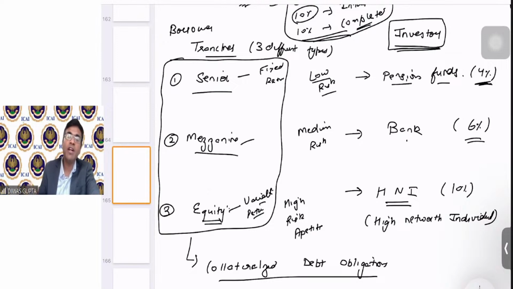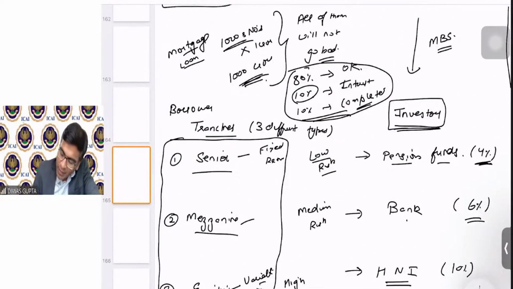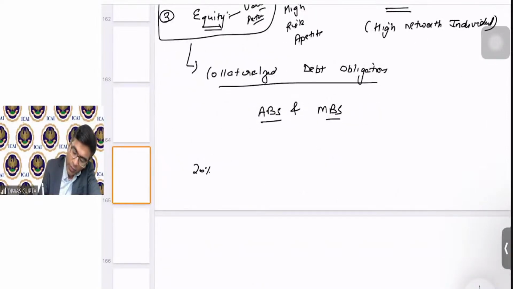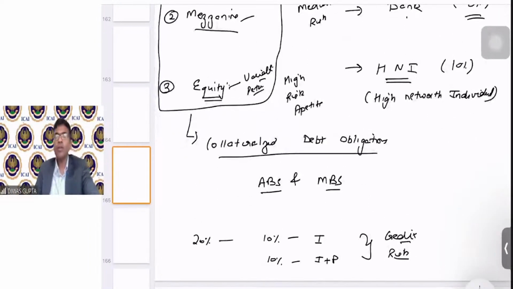Because what you have ultimately done is split out your credit risk. What was your credit risk? For this 20% there was a credit risk. Correct me, students: 20%, 10% for interest, and 10% for interest plus principal both. There was a credit risk, students, right? In our example, they have split out the credit risk.